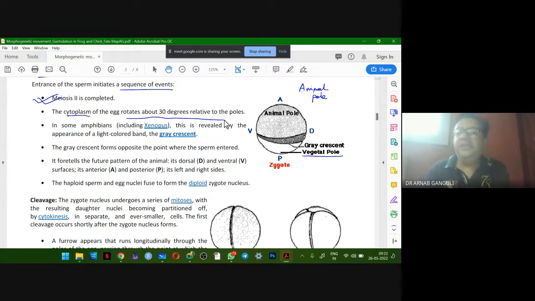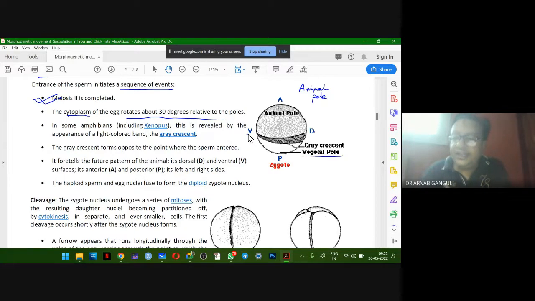So if you take this as the animal pole, which is dark, and lighter vegetal pole, the top part is known as the anterior, and the other the posterior. This is the dorsal, and this is the ventral. Four sides are formed. So once when the sperm is there, this cytoplasm moves 30 degrees.